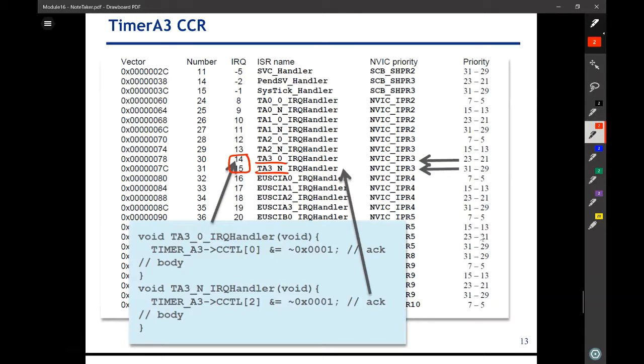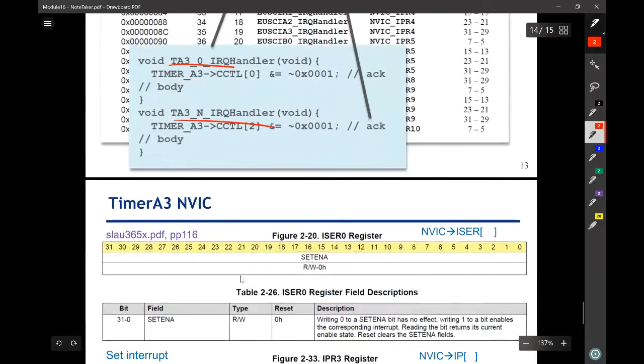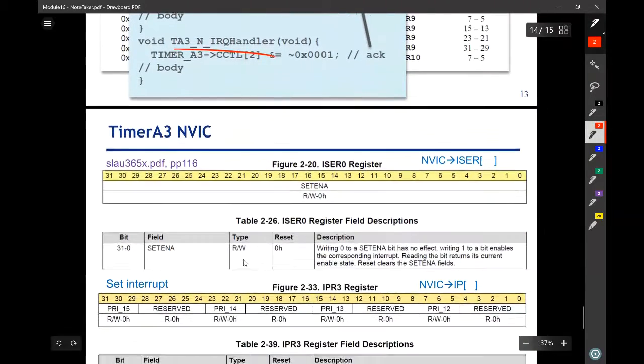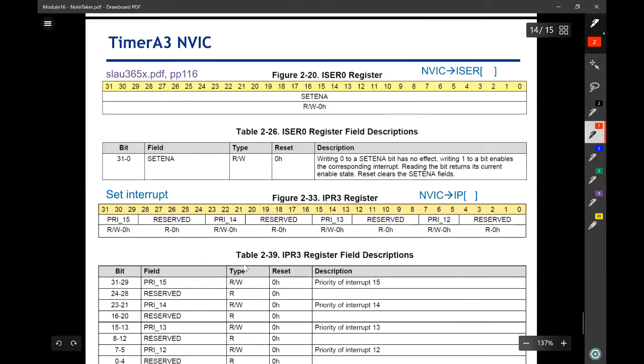So we need to look at these two numbers, so that we can call these two functions. You can also find these tables in the SLAU365 PDF. I just got it from page 116.